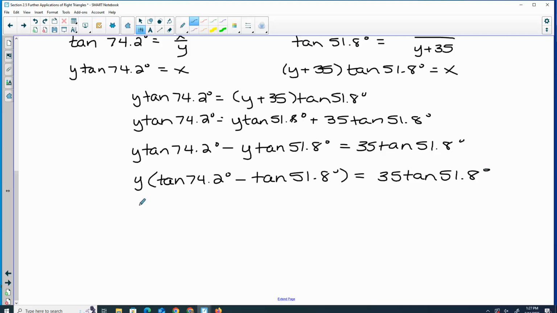So now we have y times something, so we can divide it.